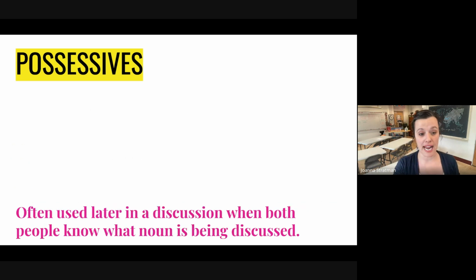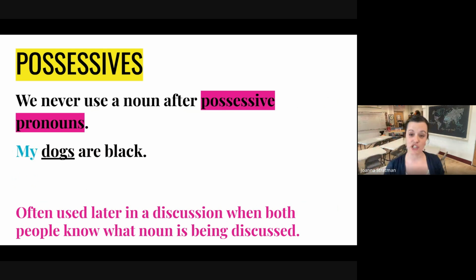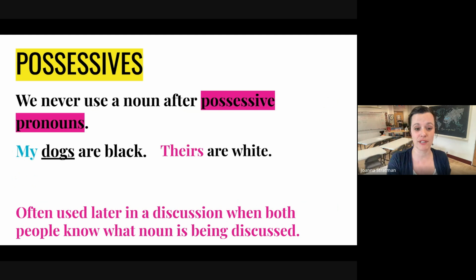Now, on the other hand, we never use a noun after possessive pronouns. So maybe you can start the conversation with, "My dogs are black," but then it is typical for the other person to respond with, "Theirs are white," for example.